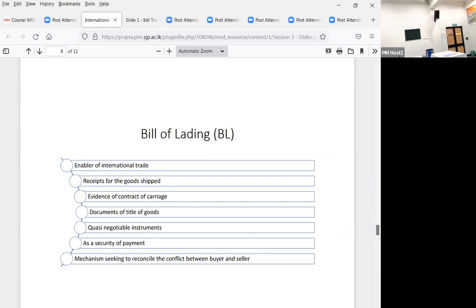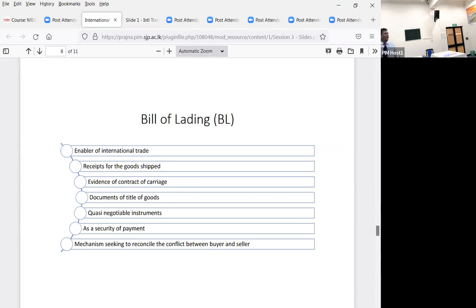But suppose it is not window berthing, and the vessel is waiting for 3 days in Colombo to get 100 containers. So 25 containers will go today, on board date today. The next 25 containers will go tomorrow, on board date tomorrow. The next containers go in the next 20 days. Then the BL will be another date, right? So these are all practical problems, right?